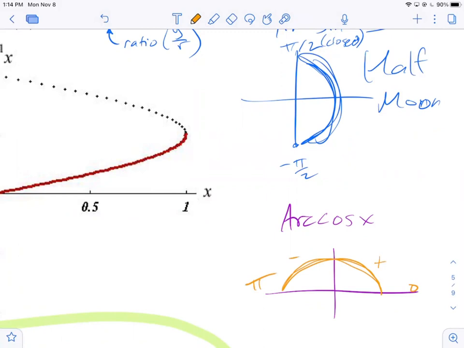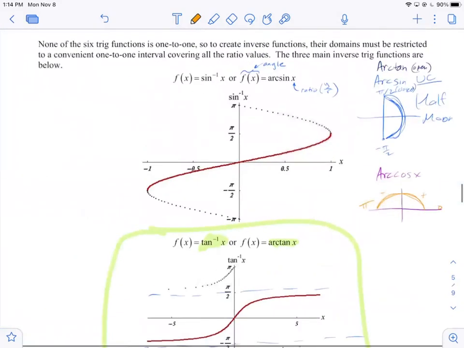So when in doubt, if you're taking the inverse trig of something, just go with the quadrant 1 angle if it lives there. The thing that's tricky is if you have a negative ratio. For arc sine and arc tangent, it's going to be a negative acute angle. Arc cosine, it's going to be a positive obtuse angle. Those are the ones worth brushing up on.